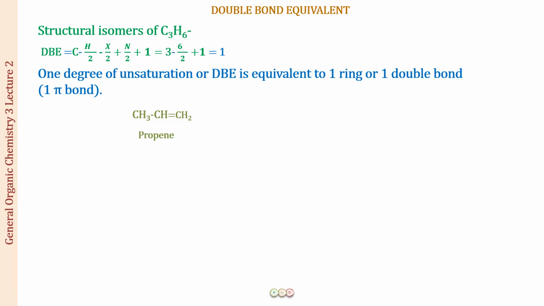All right. Now, if I have a propane, carbon number 1 has 3 hydrogens, carbon number 2 has 2 hydrogens, and carbon number 3 will again have 3 hydrogens. When I draw a double bond, what do I do? I remove a hydrogen from this position, any of the 3 hydrogens from carbon number 1 or any of the 2 hydrogens from carbon number 2.